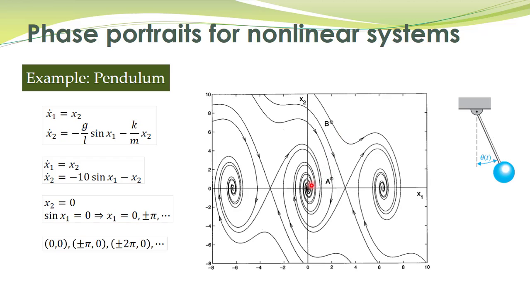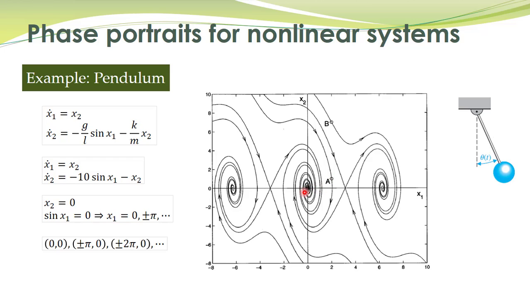So this is the first equilibrium point, another equilibrium point, another equilibrium point. One equilibrium point is at the origin, another at (pi, 0). Sorry, here is the second equilibrium point, which is at (pi, 0). This is (2 pi, 0), and this one is (minus pi, 0), (minus 2 pi, 0). I think in these phase portraits a friction term is also there.